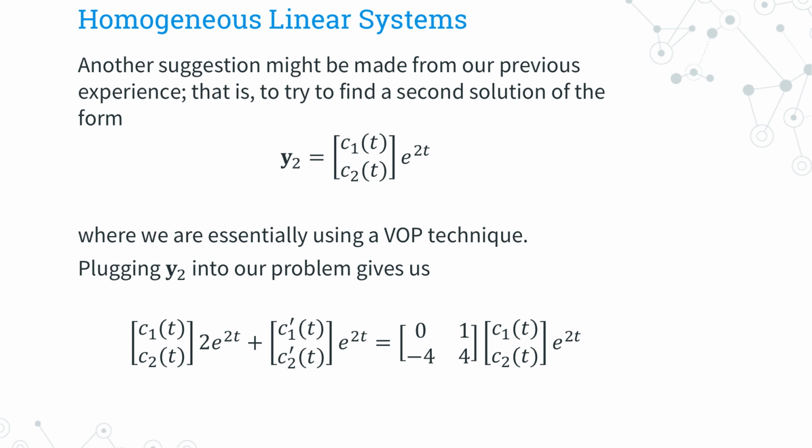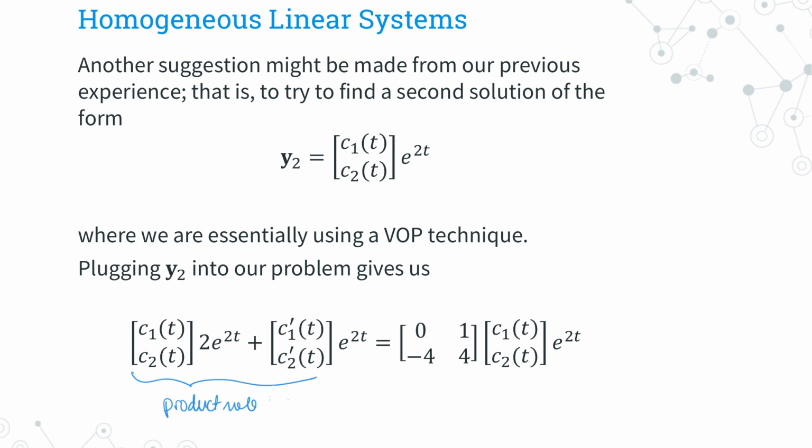Now remember, because our vector is made up of functions of t and it's also multiplied by a function of t, we have to use the product rule. So this is a big product rule for y prime.